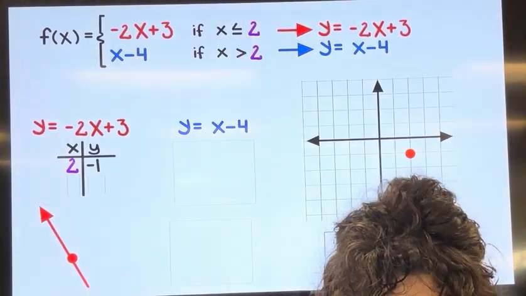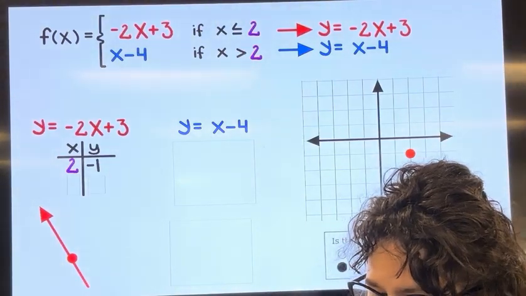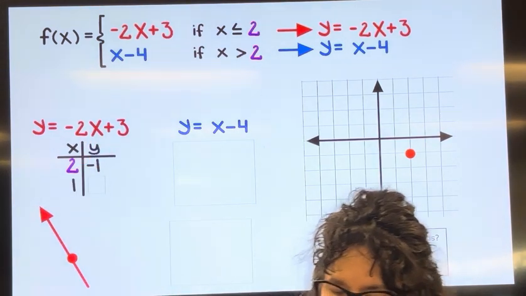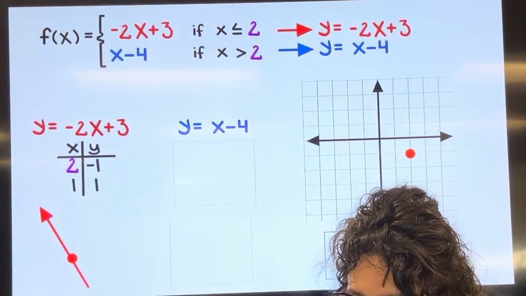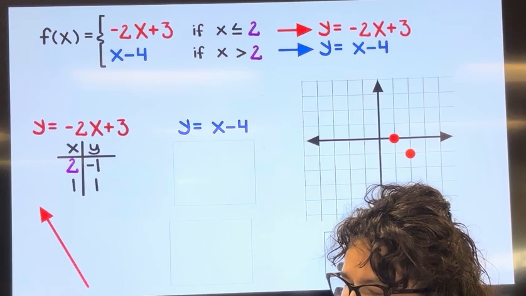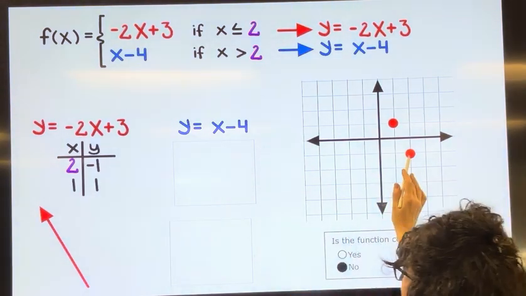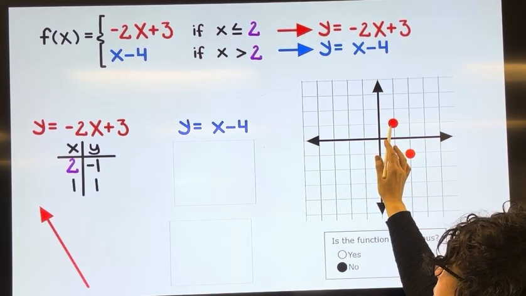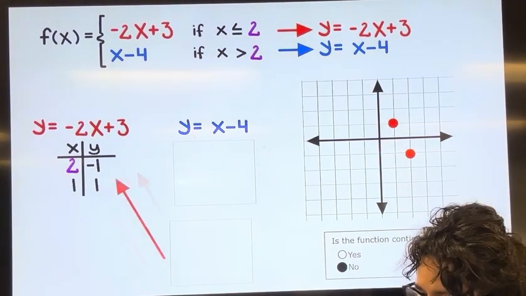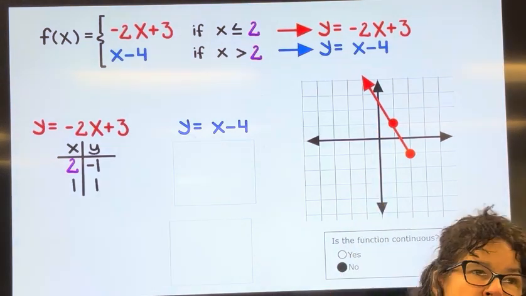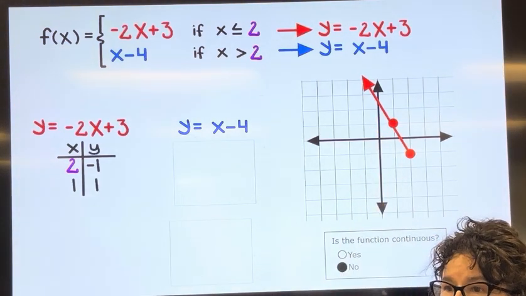So I'm going to go with the number 1. If I substitute 1 in here, negative 2 times 1 plus 3 is 1. I'm going to plot this point at 1, 1. This is where my ray starts, and it goes through this point. So here's a picture of the piece of the line.